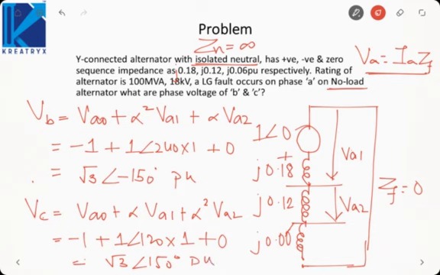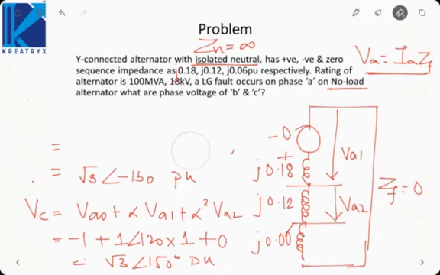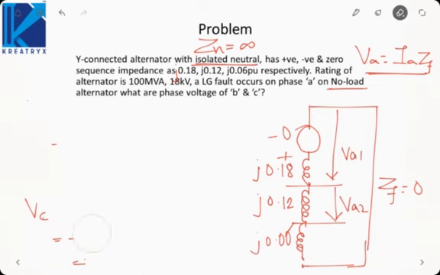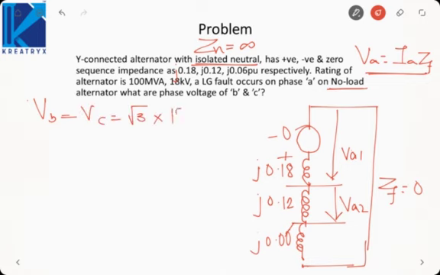So here if you see, the phase voltage magnitude is coming to be root 3 per unit. So its actual value will be the per unit value multiplied by the base. Now the base for the phase voltage will be line voltage by root 3, so it will be equal to 18 kV.